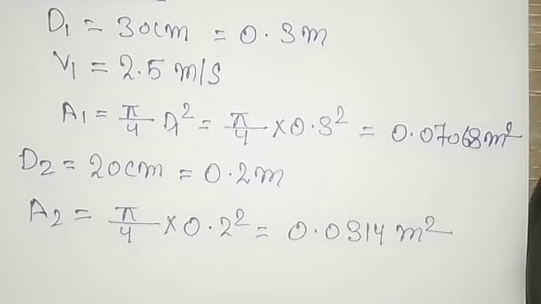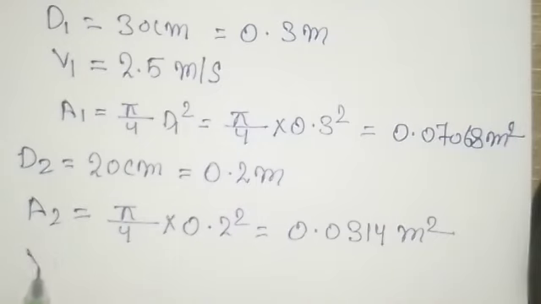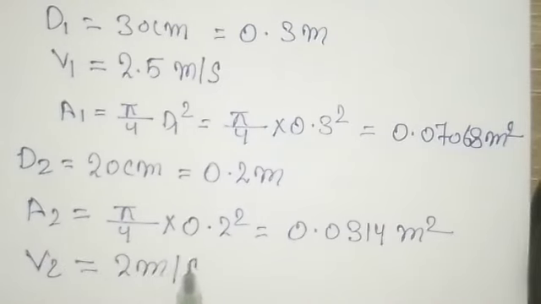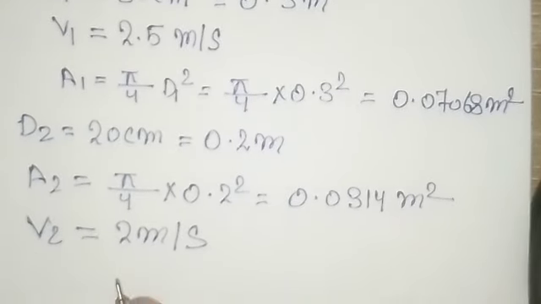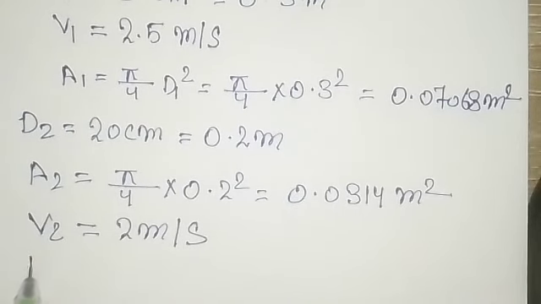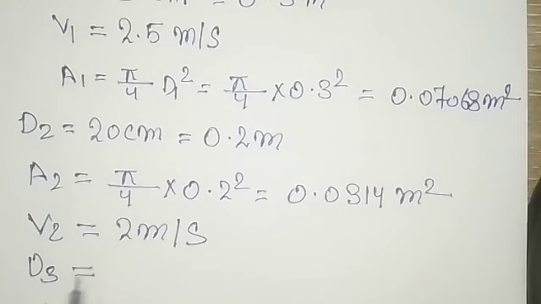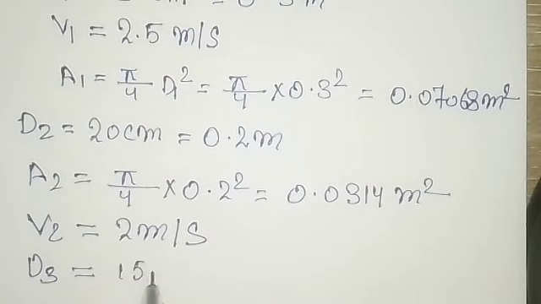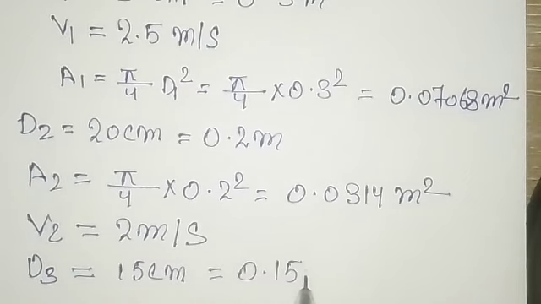Then the velocity is also given for the second pipe, that is v2 is equal to 2 meter per second. Now we have d3 given, that is d3 is equal to 15 centimeter, which is nothing but 0.15 meter.